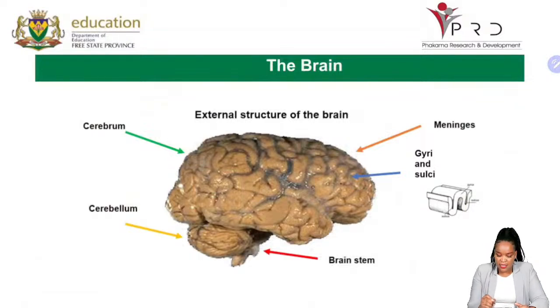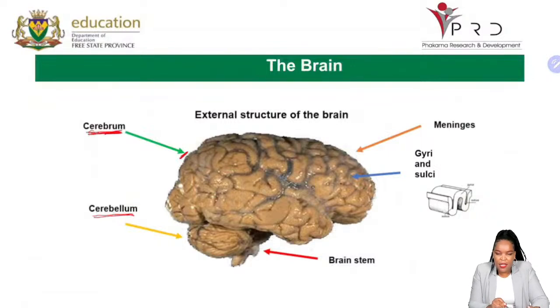Firstly, on the external, the largest part of the brain is going to be your cerebrum. There is a way in which we can say these parts because we also have the cerebellum. These two words can be confusing to you as learners. Now, how can you differentiate between them?